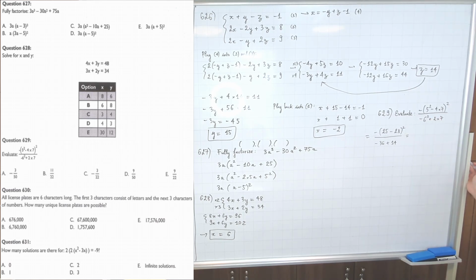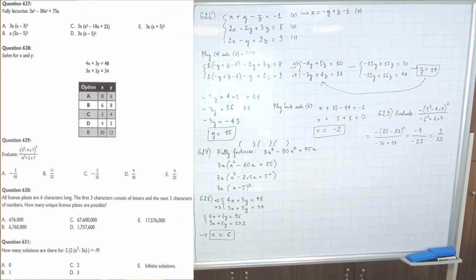Minus 3 square is going to be 9. So minus 9. This one is going to be 2. And then it's going to be 9 out of 22, isn't it? Answer E, isn't it?